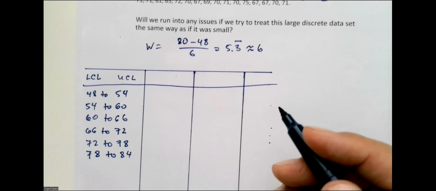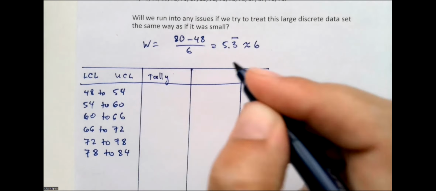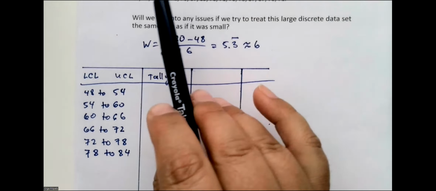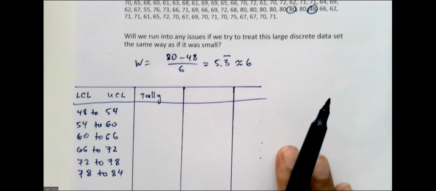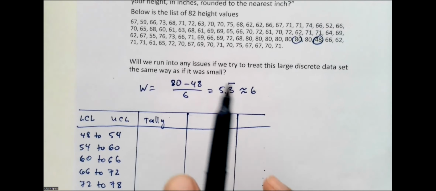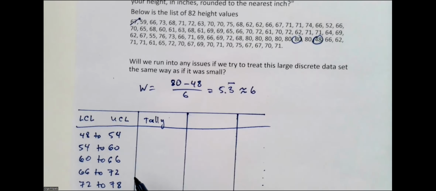Okay, so next we're going to do tallies for the number of values in each class. I'm going to go through this data set and put tallies in each class. So for example, 67, this is my first value, where does it go?